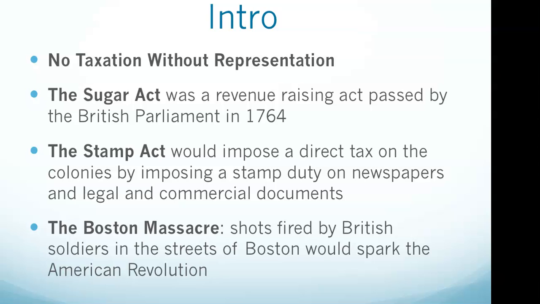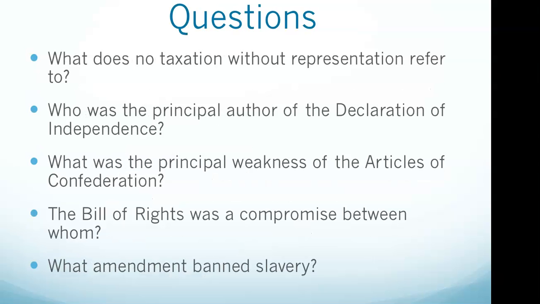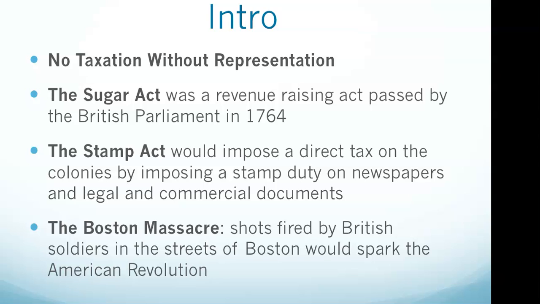So we start off with no taxation without representation. Very first bullet point, and that's one of our questions, right? No taxation without representation was a slogan used by American colonists to convey that many individuals residing in the 13 colonies believed that, as they were not directly represented in the distant British Parliament, any laws it passed affecting the colonists, such as the Sugar Act and the Stamp Act, were illegal under the Bill of Rights of 1689 and were a denial of their rights as Englishmen.